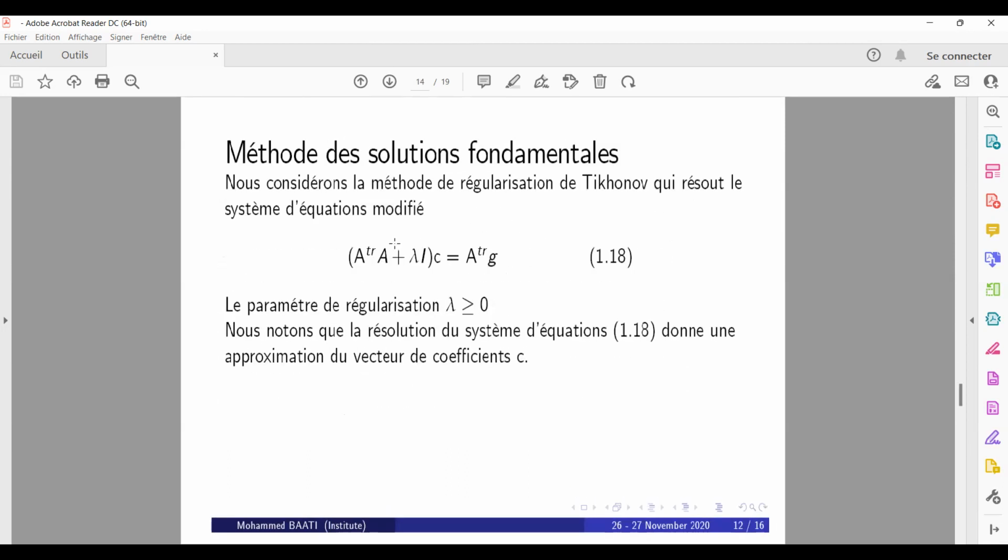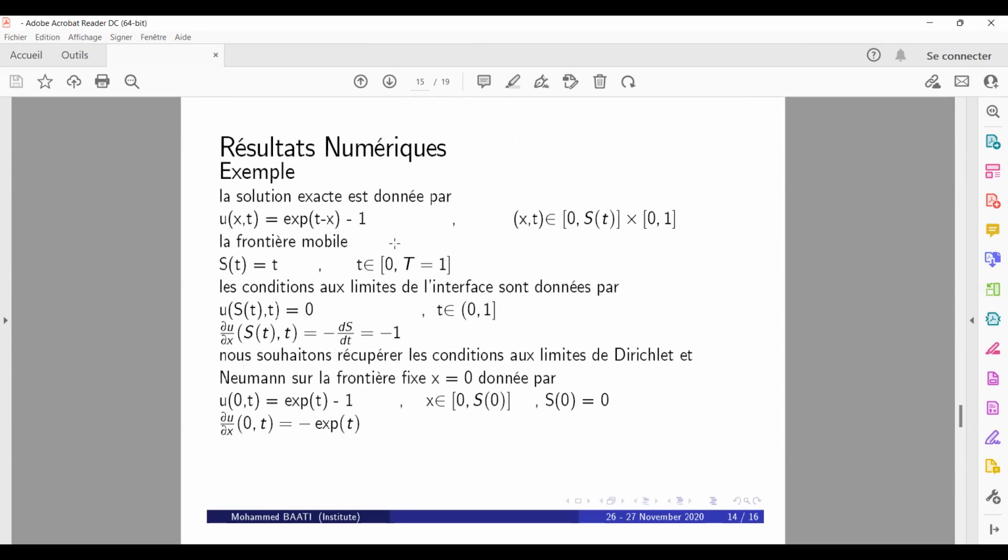Donc, comme exemple d'application, on a ici un exemple. La solution exacte est donnée par u(x,t) égale exponentielle de t moins x moins 1. La frontière S(t) égale à t et les conditions aux limites sont données par deux conditions, une pour Dirichlet et une pour Neumann.